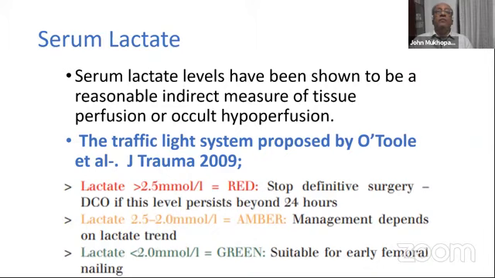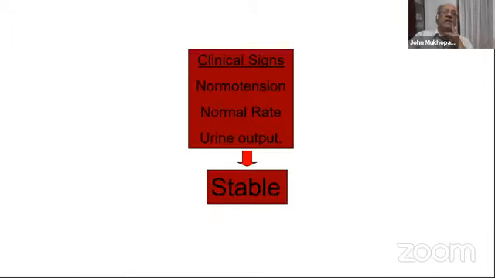If the lactate was between 2.5 and 2, it would depend on the trend of the lactate. And if it was below 2, you could consider it suitable for early femoral nailing. So this is one aspect that you need to look at. Obviously, you need to look at the blood gases and the acidosis, etc.